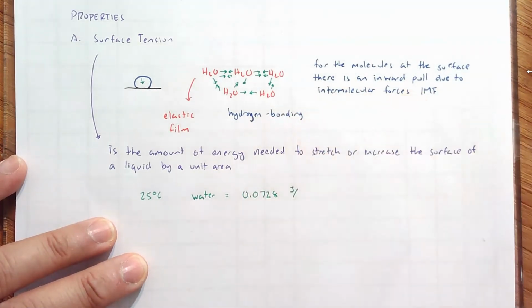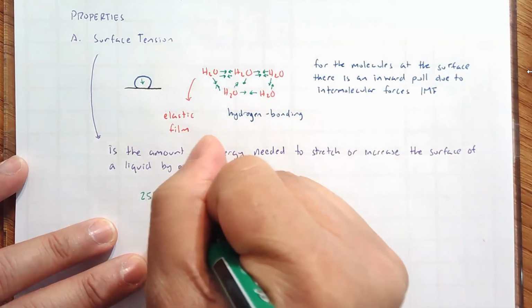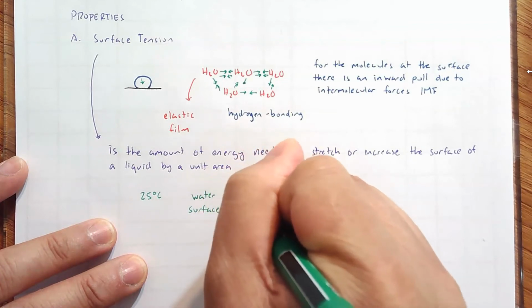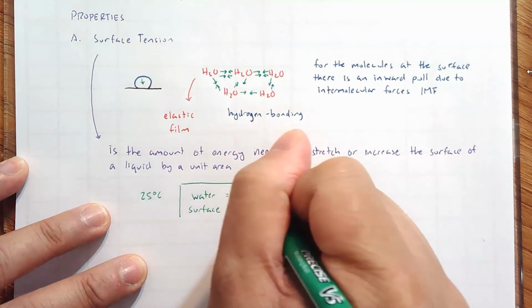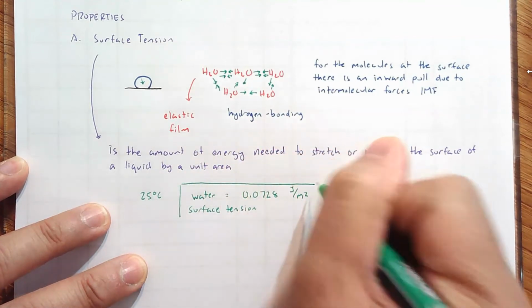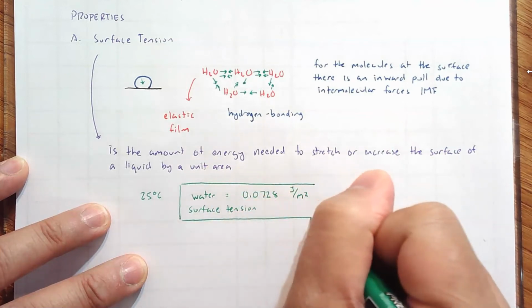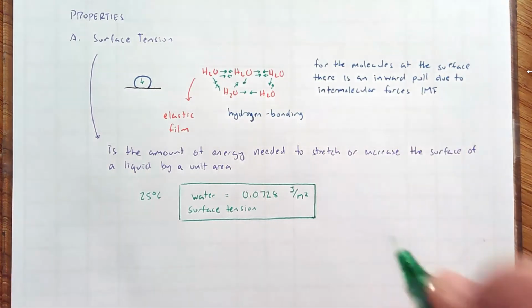Pretty simple. Energy per meter squared. Again, this is the surface tension. Are you going to have to do any calculations of surface tension? Most likely not, but it's a good idea to have a quantitative feeling for these properties.